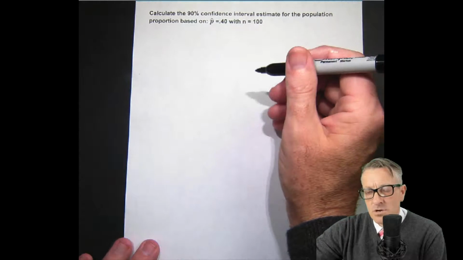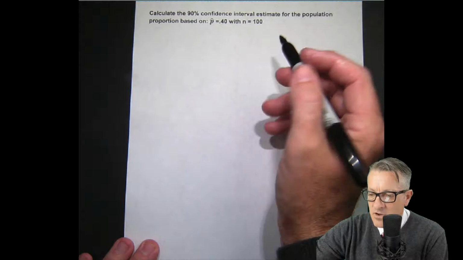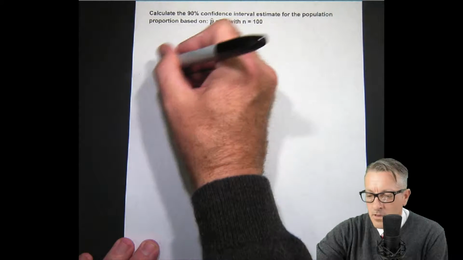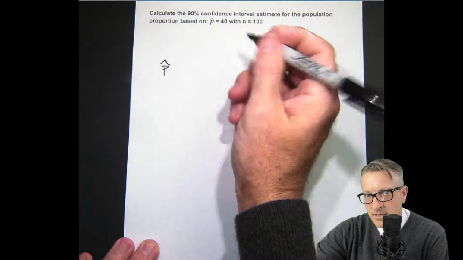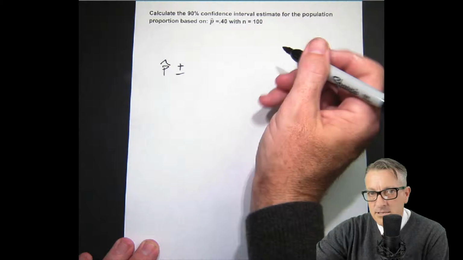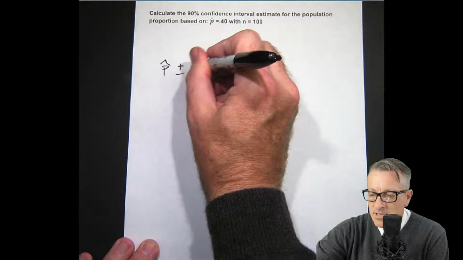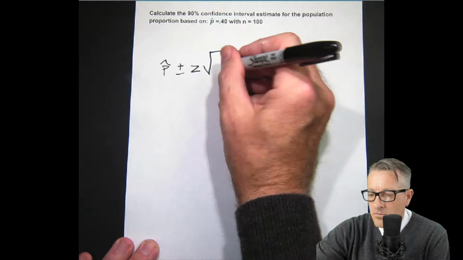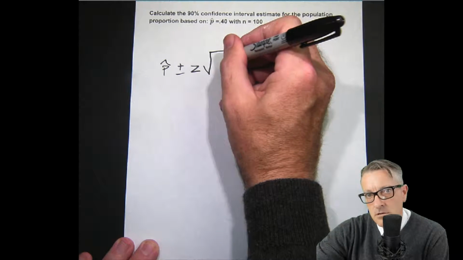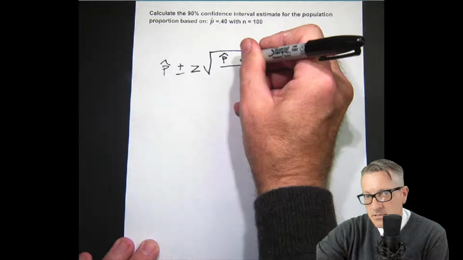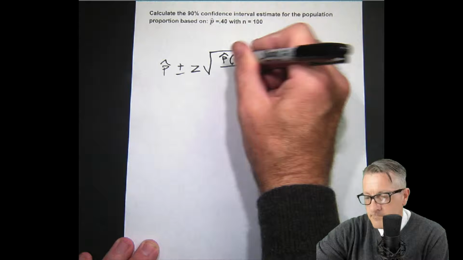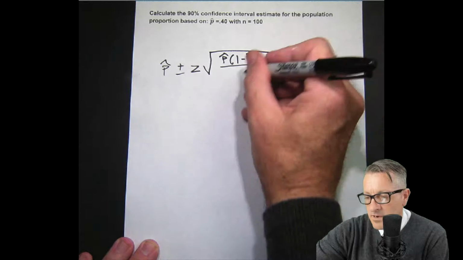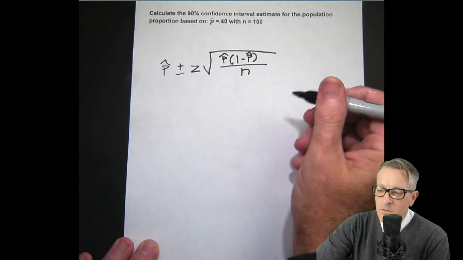Okay, so to start off with, the parts that go into a confidence interval are these parts. We go p hat, and then it's plus, minus, and then z, which would be our z value, and then the root of p hat times 1 minus p hat, over n.